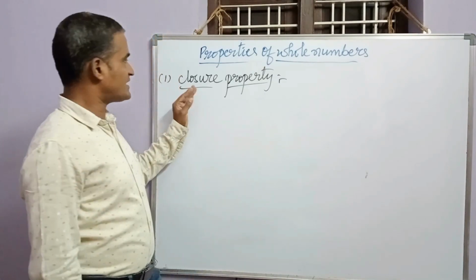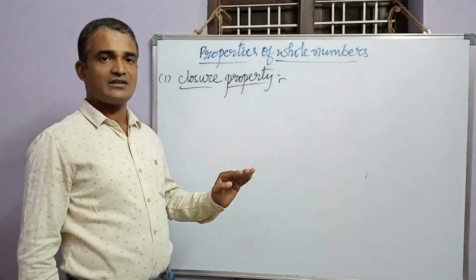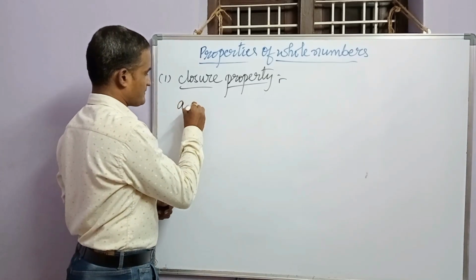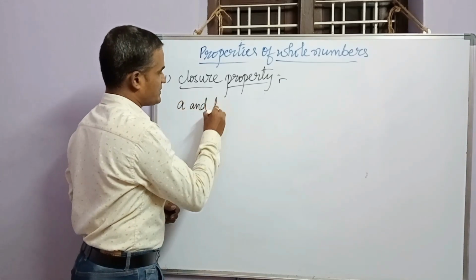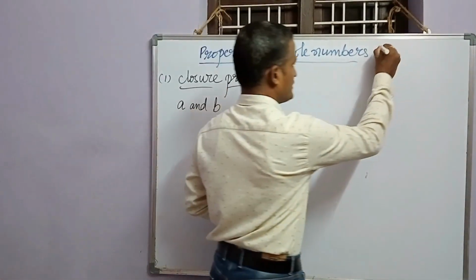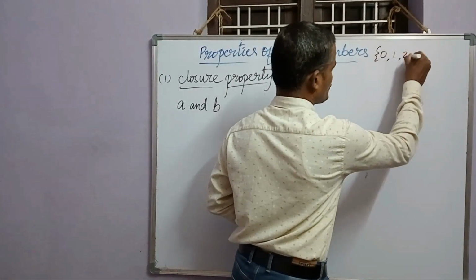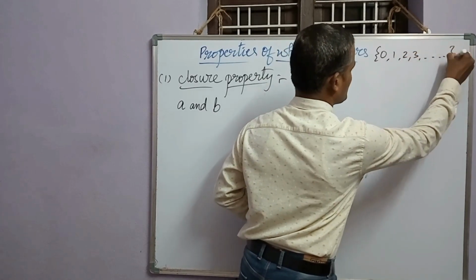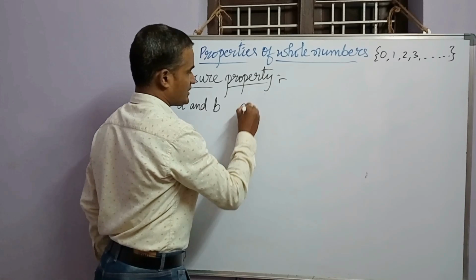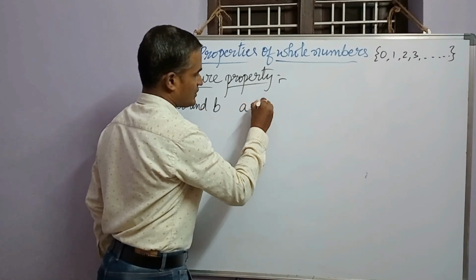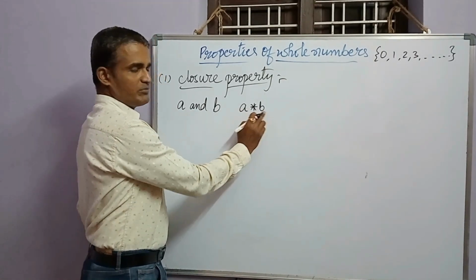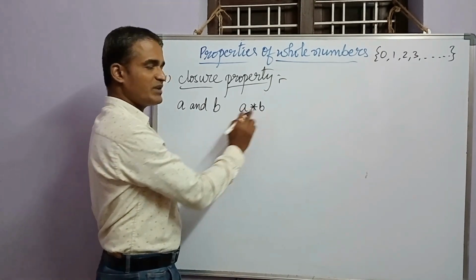Take any two numbers A and B from the whole numbers group and do one operation, A star B. I am writing A plus B, A into B, A minus B, A divided by B, anything.